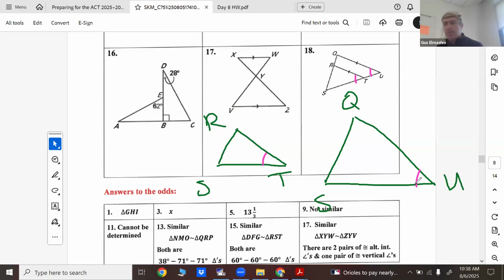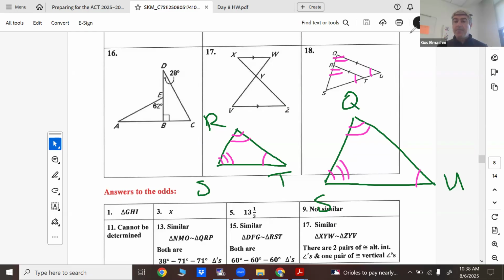Now those have to be the same because if I were to extend these, right? Aren't those corresponding angles? Right? U and T, those are corresponding angles. Likewise with Q and R. And naturally S is shared, right?